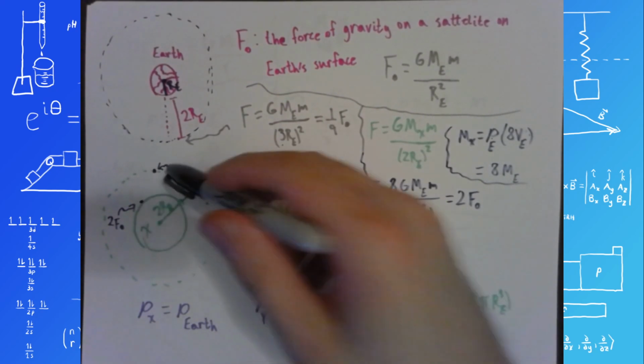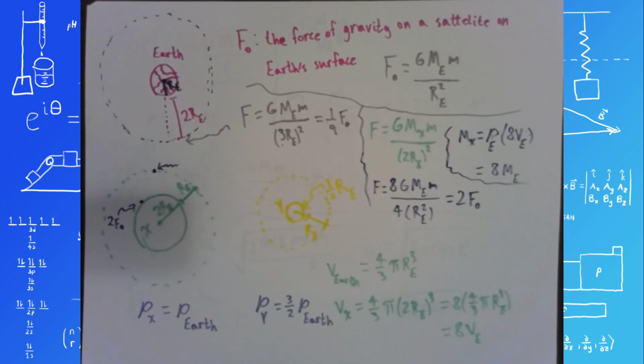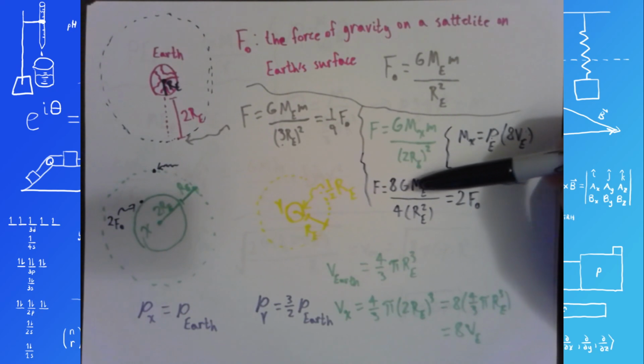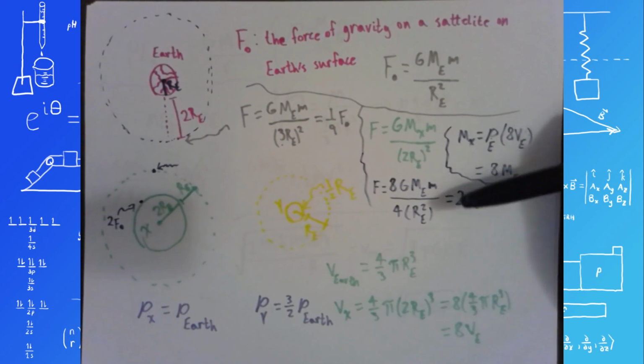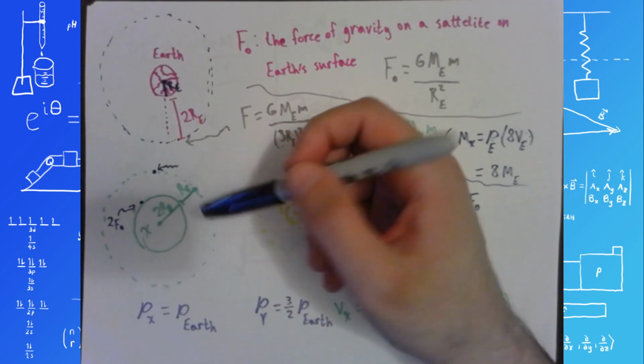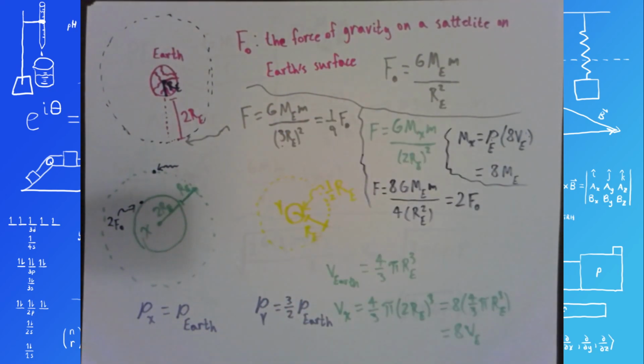Well, when the satellite is out there, the numerator stays the same. It's still G times the mass of planet X, which is 8 times the mass of Earth, times the mass of the satellite. All that stays the same. The denominator changes. Now you are 2r plus 1r is 3 Earth radii away.